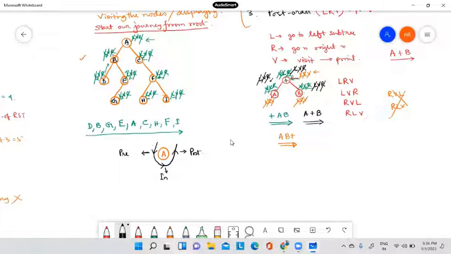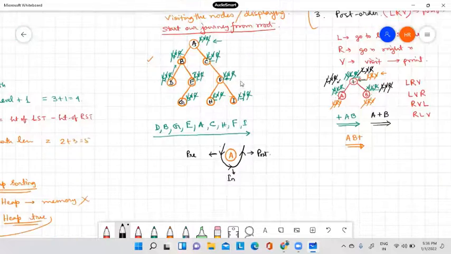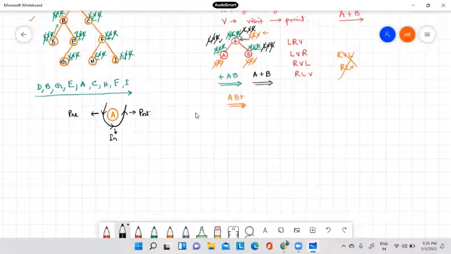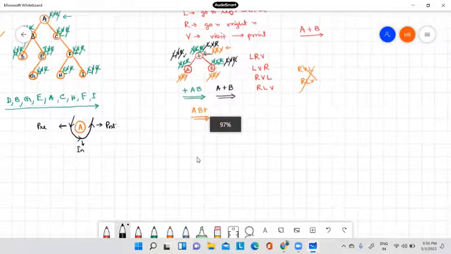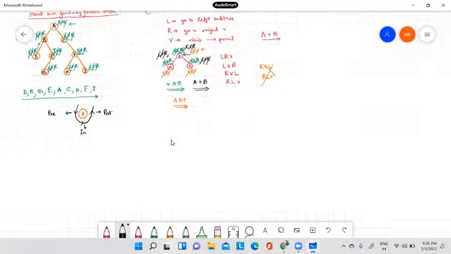Now see, again I am drawing the same particular tree in this position. So the tree is like this.